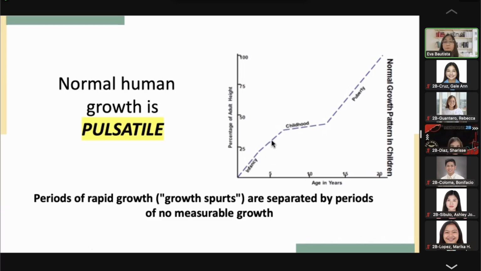This is the normal growth pattern of every child. There is a growth spurt during infancy, followed by a period of quiescence, and then it will again pick up during puberty.